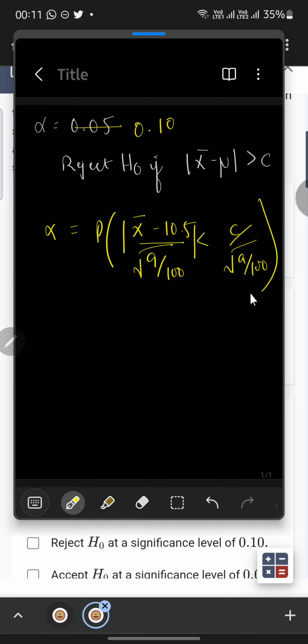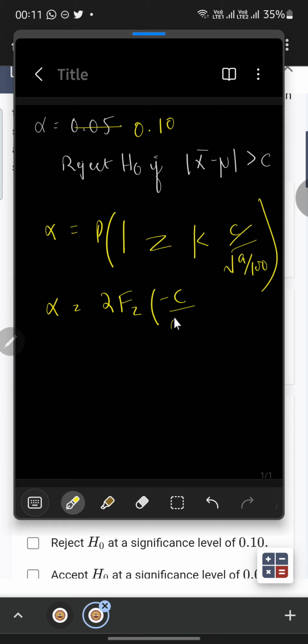So here we go. Now again this function will be converted to Z. I hope you get my point here. We just did the same thing we wrote in the previous question, right? So here this would be the Z, and we can convert this: alpha equals 2 of fz into minus c by 3 by 10, right?